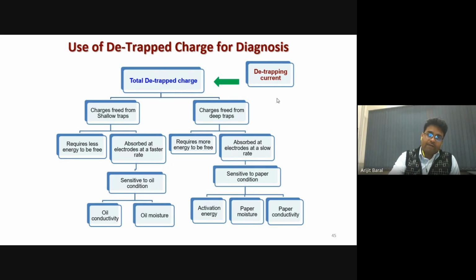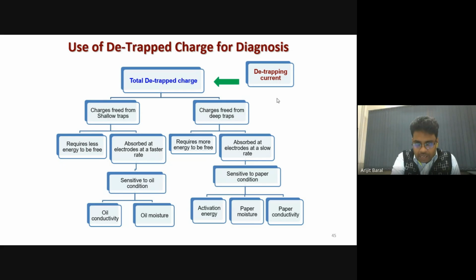So if you have detrapping current, you integrate it, you find out detrap charge. Depending on whether this detrap charge is from a shallow trap or deep trap, you can use this information to identify either oil properties or paper properties.